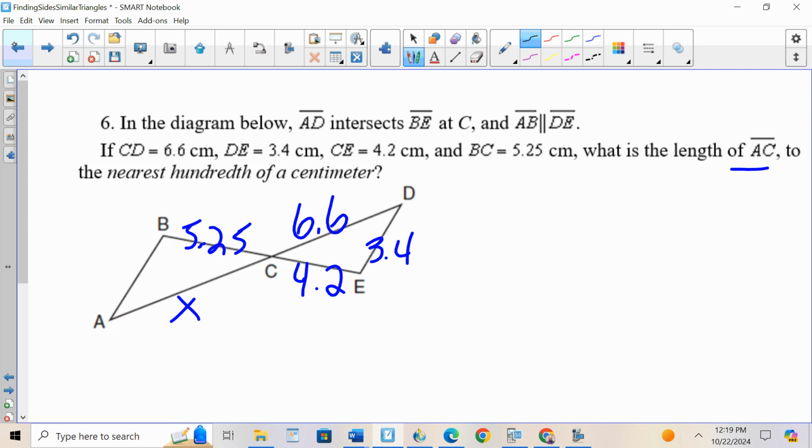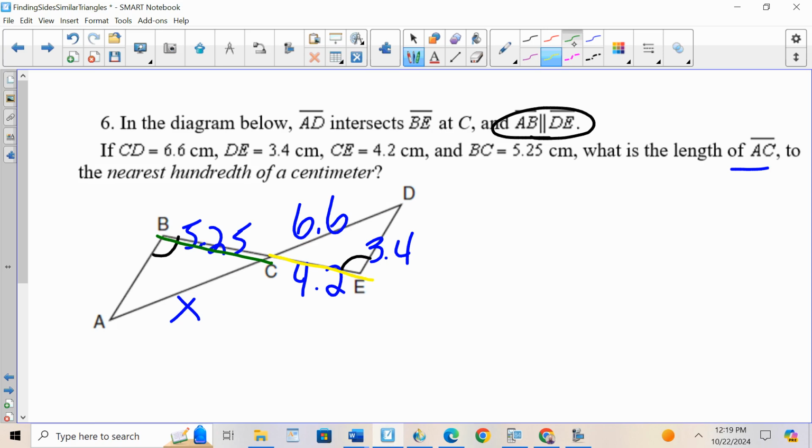So it says that these lines are parallel, which means that B and E are alternate interior angles, which means that B and E correspond. So what corresponds? BC and CE. The sides that correspond are the sides that are diagonal from each other.